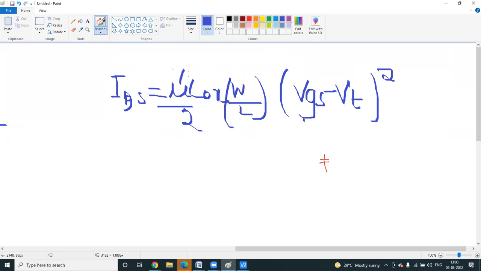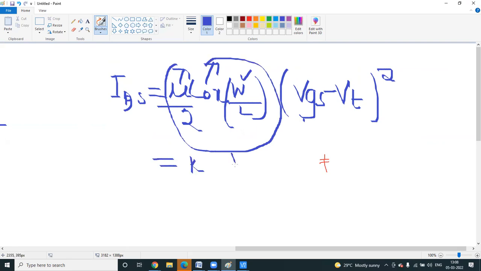It uses the mobility, the gate oxide thickness, W with length, and VGS minus VT. All these terms are constant. I'm just taking IDS equal to K into (VGS minus VT) whole square. Even if W changes, that will change. For the time being, I'm just writing (VGS minus VT) whole square. Okay, this is the first current.